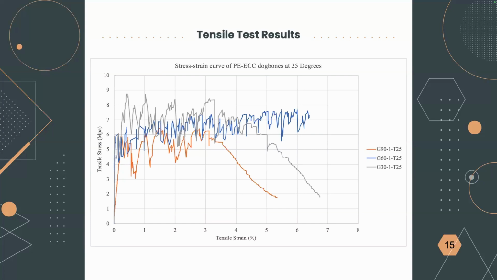So these cracks enhance the ductility of the specimen. It would give it more time to handle loads before it fails at the end of the graph. And as you can see, the best ductility goes for G60 again, at almost 5% of the strain value.